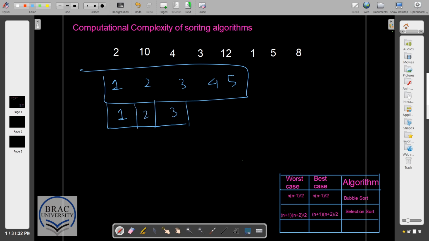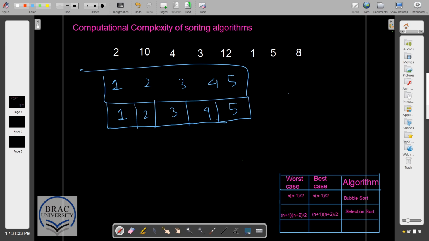Then it will compare 3 with 2 and see that we cannot move 3 any left. Then we compare 4 with 3 and find that we cannot move 4 any left. Then we compare 5 with 4 and we find that we cannot move 5 any more left. So this is the best case that can happen in insertion sort.